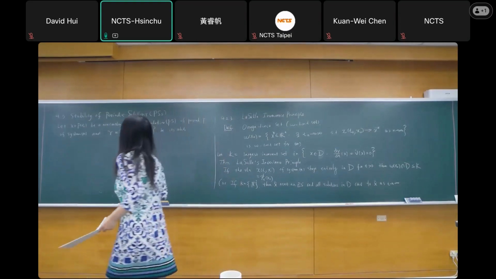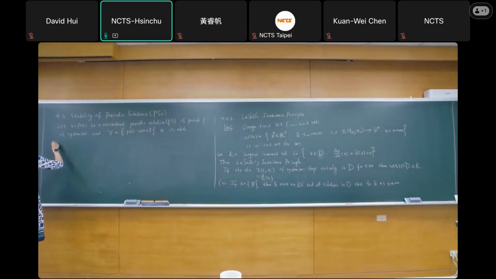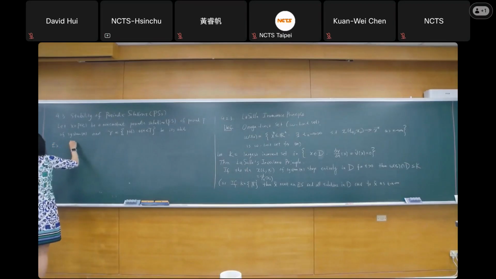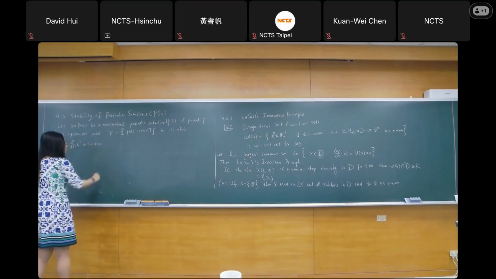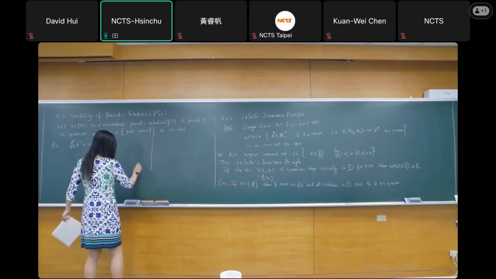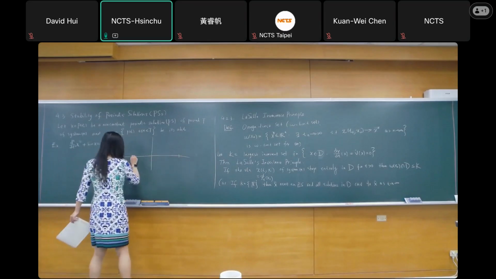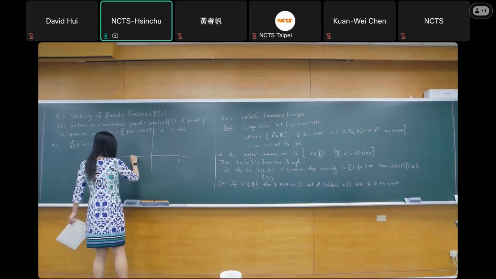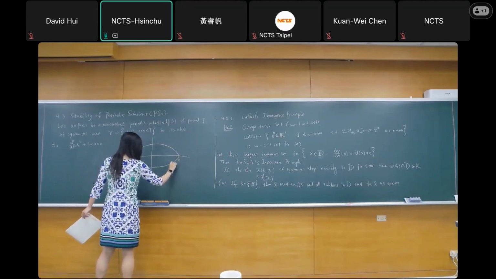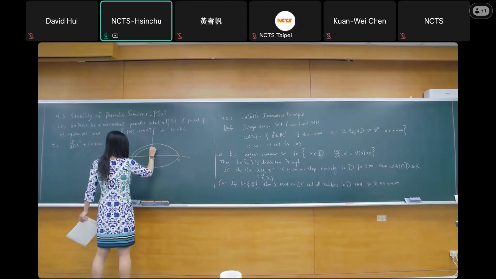So let's see an example. For this one, indeed, there are a lot of details. We'll just draw one of the parts. So we see there are lots of mini cycles here in between.